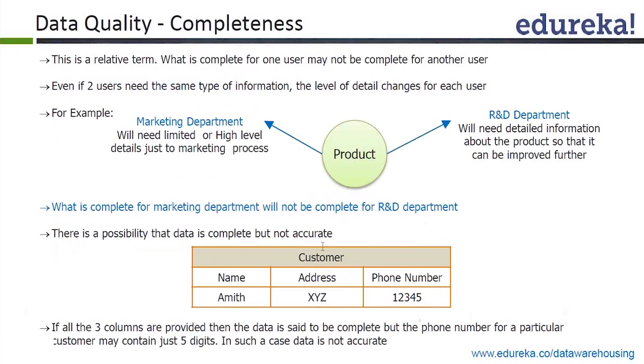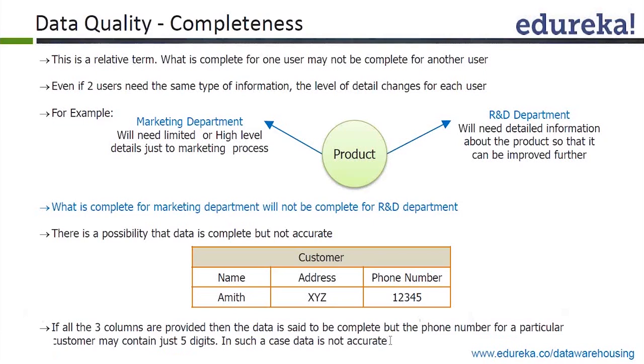So this is data accuracy. Okay, I think this slide is a bit confusing. What's the last point? If all three columns are provided, then the data is said to be complete. So they are saying that name, address, and phone number for the marketing department, maybe they just need the name and address.